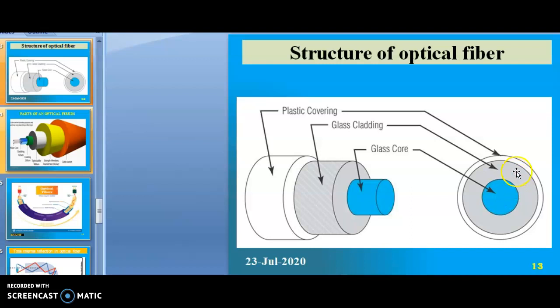This is surrounded by a material called cladding, here glass cladding, and it is surrounded by the primary coating, the plastic covering, which is used to protect the optical fiber, and it is surrounded by the secondary coating.